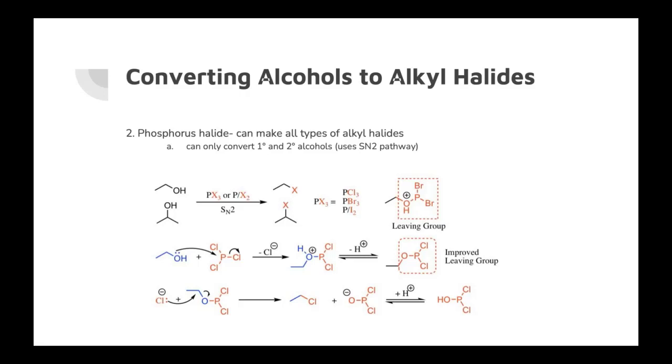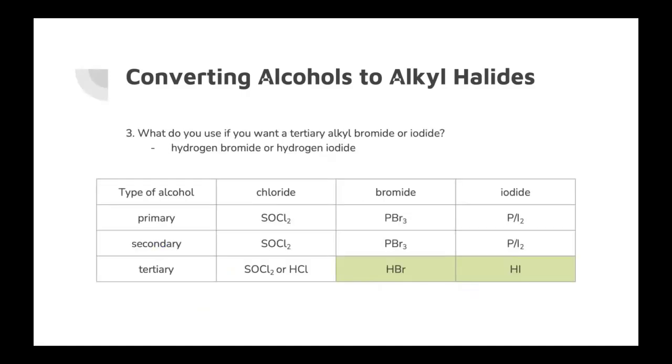Your nucleophilic alcohol will attack your phosphorus halide, and you will kick off your leaving group, and you will be left with just your chlorine in place of the alcohol. If you want a tertiary alkyl bromide or iodide, then for that we use something separate, which is HBr or HI. This is a good chart to kind of summarize.